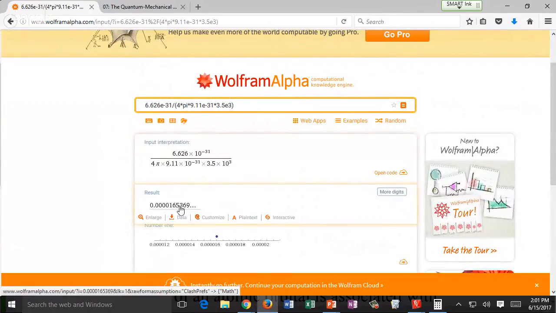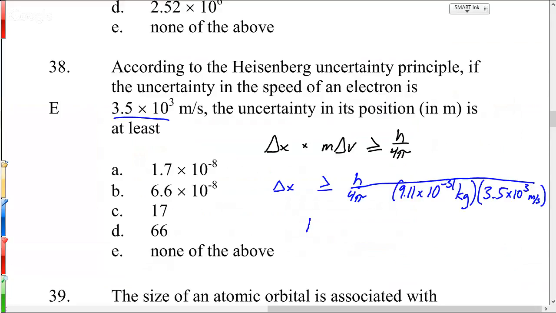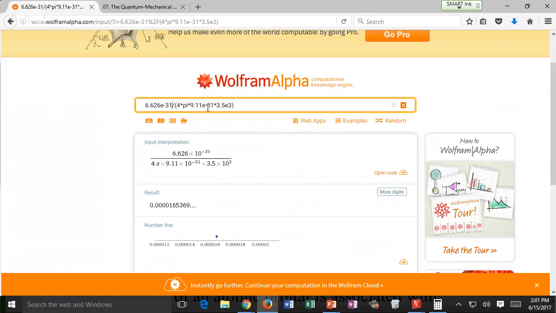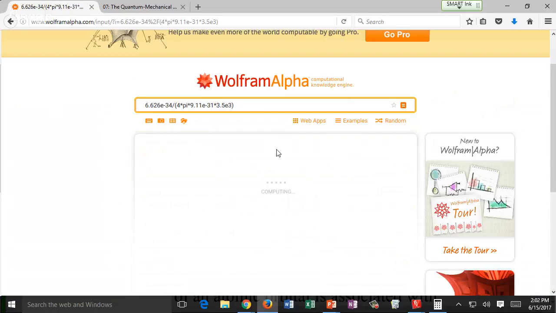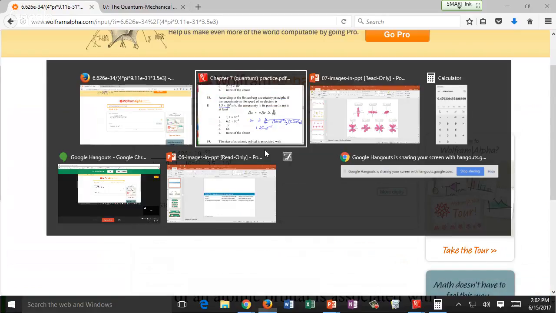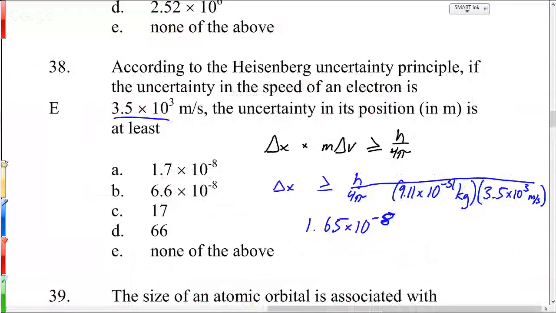All right, so assuming we did all that right, what is that? I get 10 to the minus 5. Did I do something wrong? Oh yeah, so this is supposed to be 34, not 31. That's better. Okay. So what does that mean?